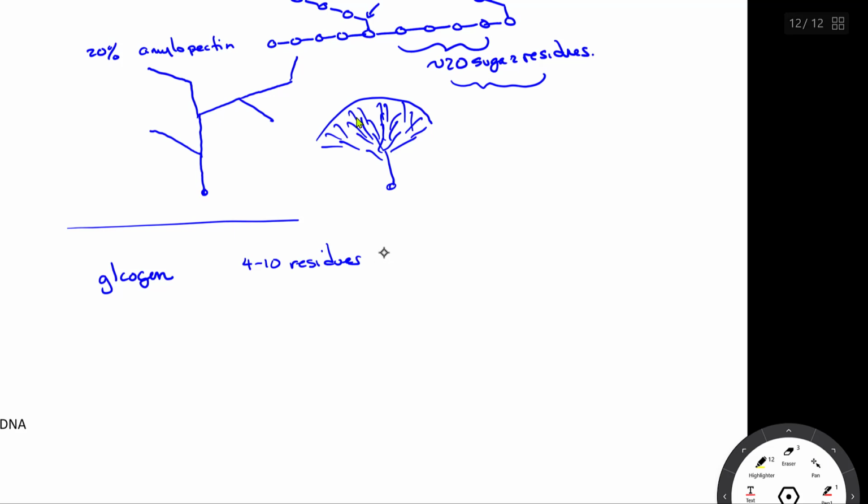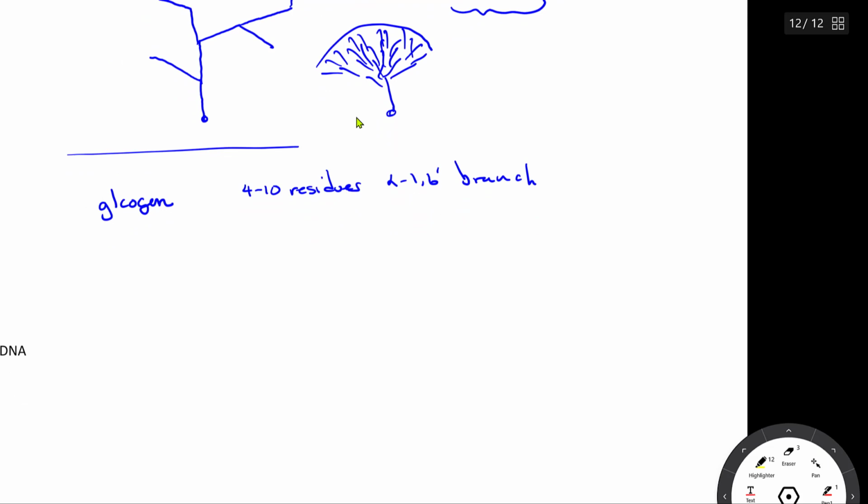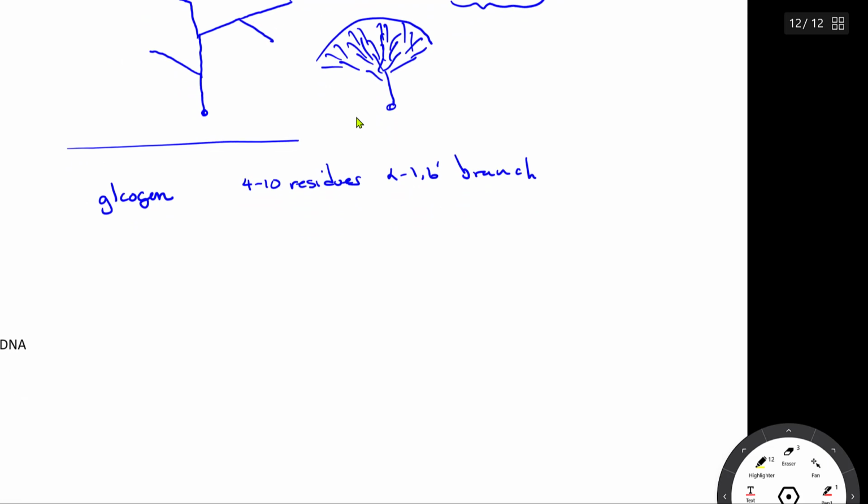There are alpha 1,6 prime branches on a normally alpha 1,4 sort of chain. There's a 1,6 branch about every 4 to 10 residues. That is exponentially more ends on the tree. So rather than looking like this tree that's up here, it's going to look more like a bush with lots of little pokey ends coming out.